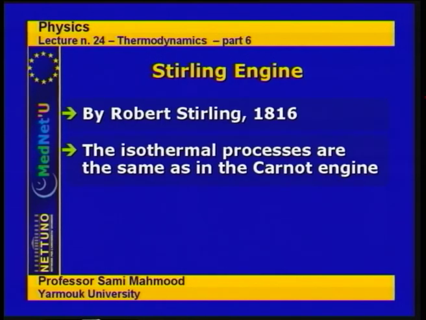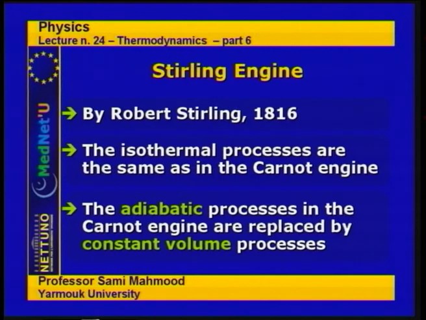This engine is similar to the ideal Carnot engine, but with minor differences: the isothermal processes are the same as in the Carnot engine. However, the adiabatic processes in the ideal Carnot engine are replaced in the Stirling engine by constant volume processes.